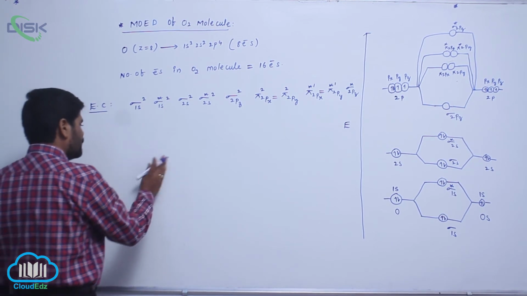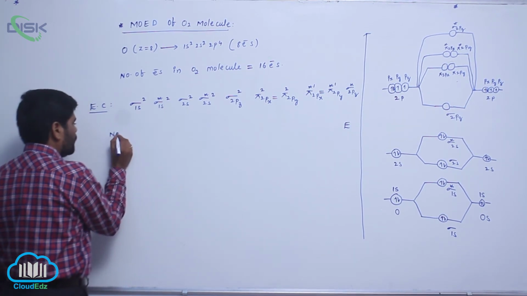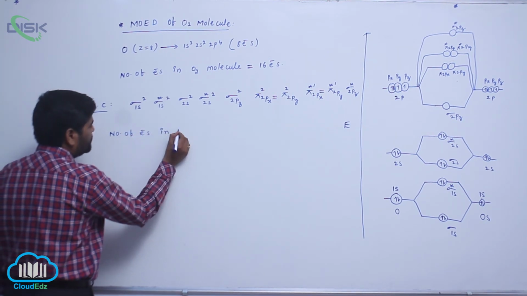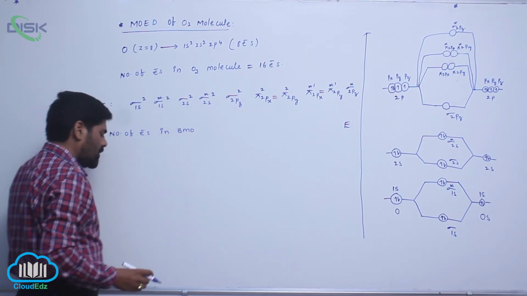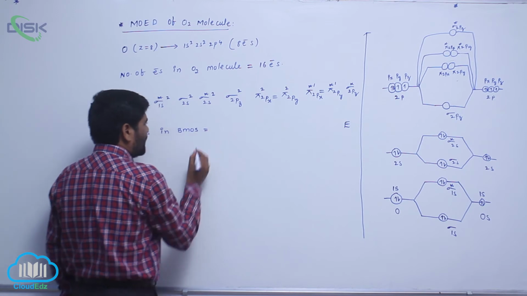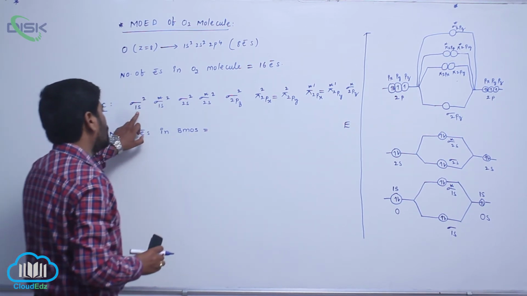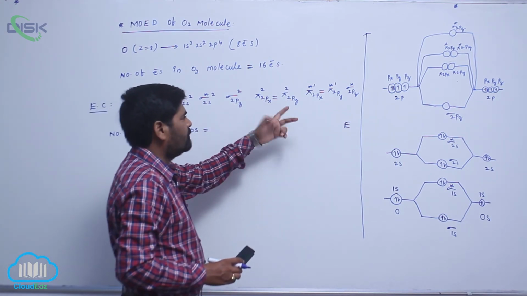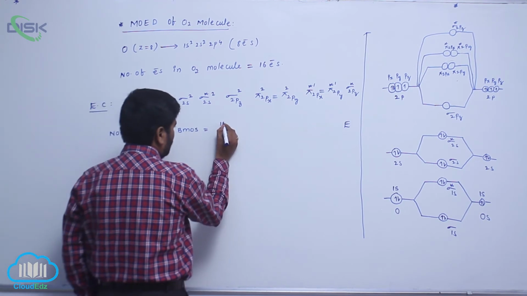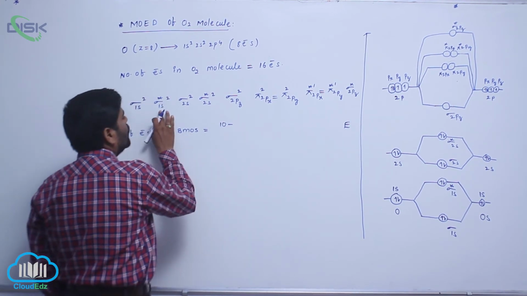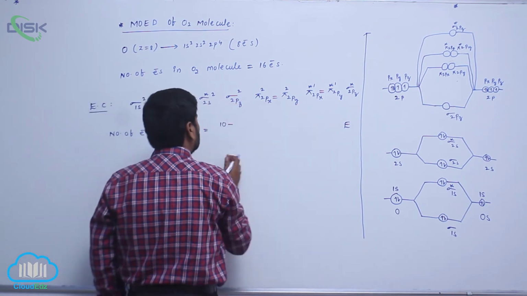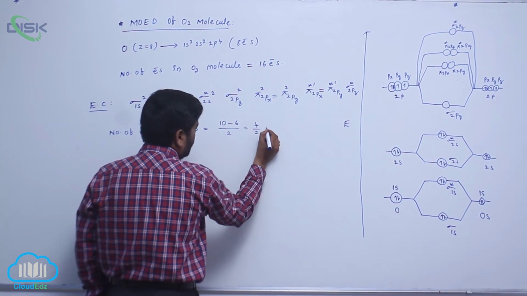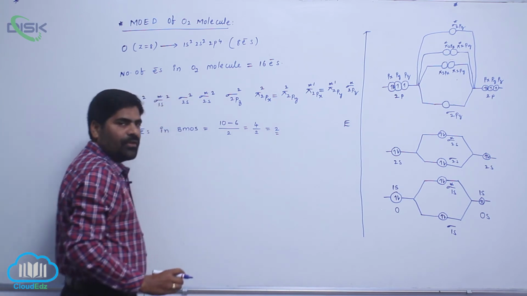So number of electrons in bonding molecular orbitals: 2, 4, 6, 6 plus 4, 10. So 10 electrons here, minus 2, here is 2, 4 electrons plus 2, so 6 electrons, by 2, here is what? 4 by 2 means 2.